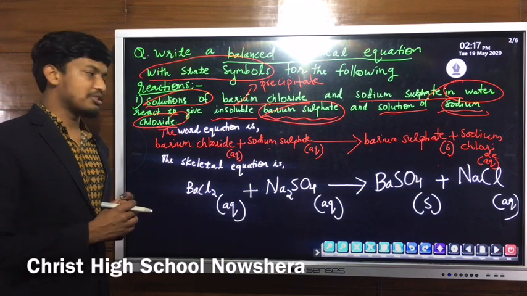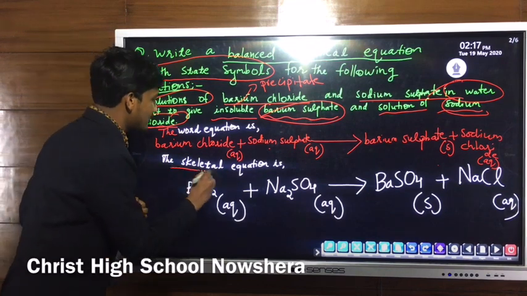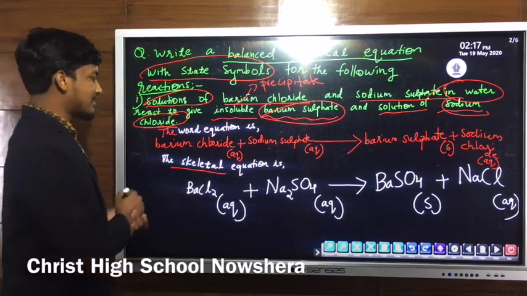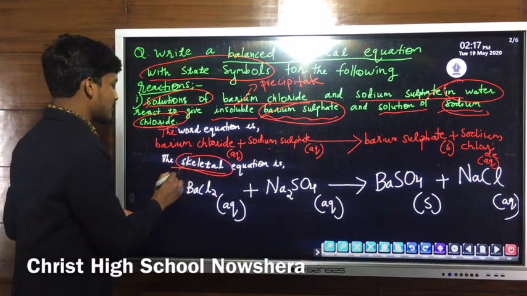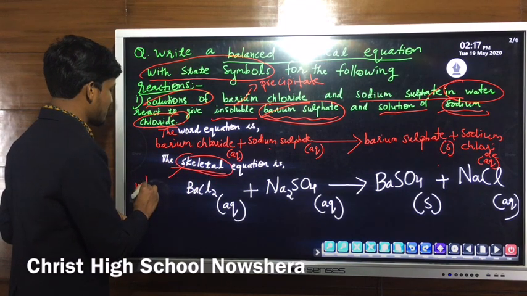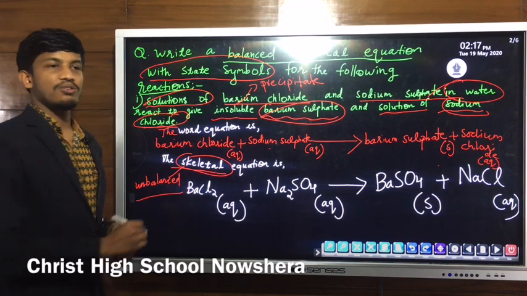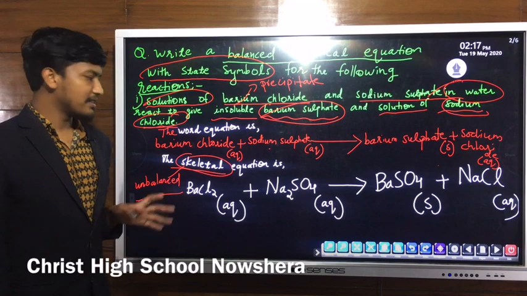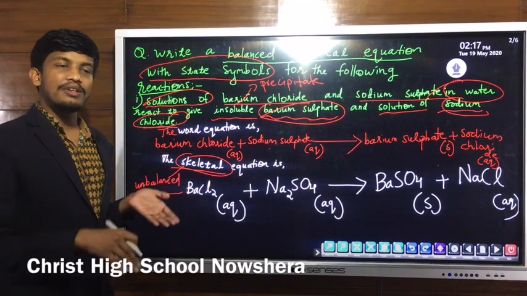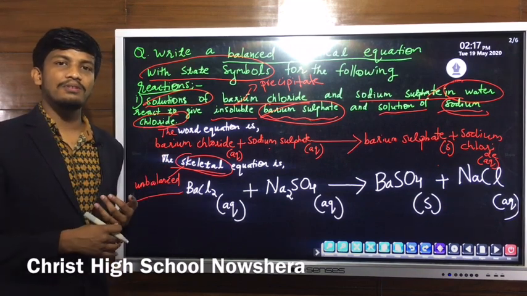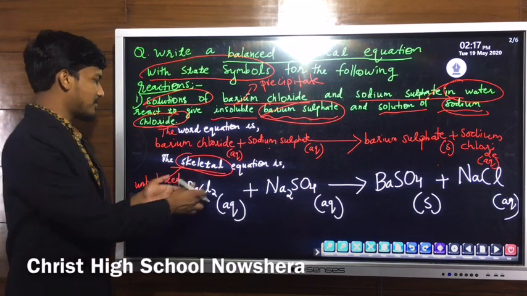Now from the word equation, in the next step we will write the skeletal equation, which is also called the unbalanced equation. In this equation we write the chemical formula of reactants and products from the word equation.